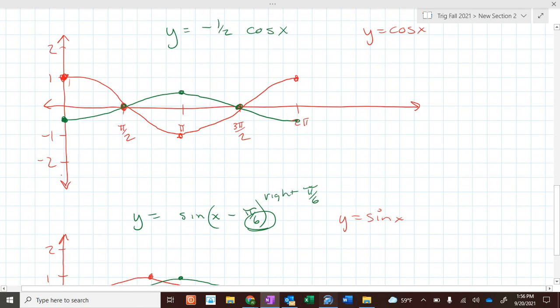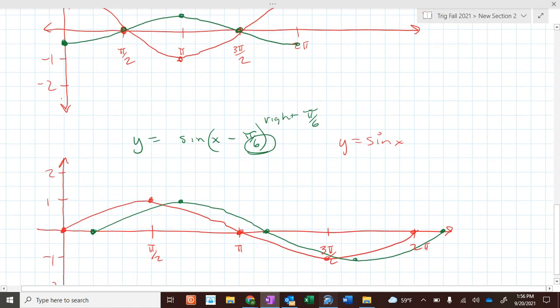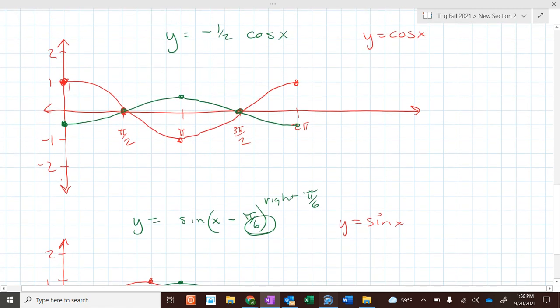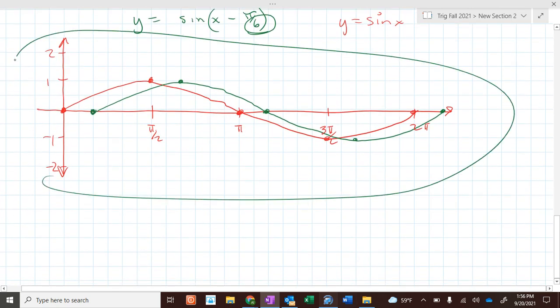If you're not dividing by anything, or if you're dividing by 2 or 4, then I would just go 4 squares to get to pi over 2. Now, could you do this one every single time? Yeah, you can. But what happens sometimes, we're going to change a period and get things really stretched out or skinny, and then it's going to change the x-axis.